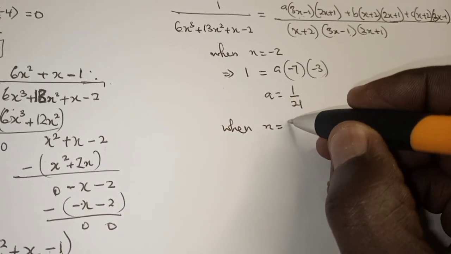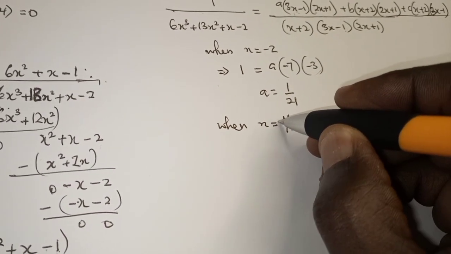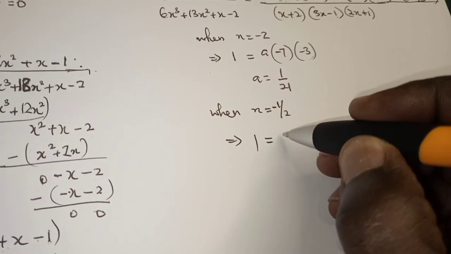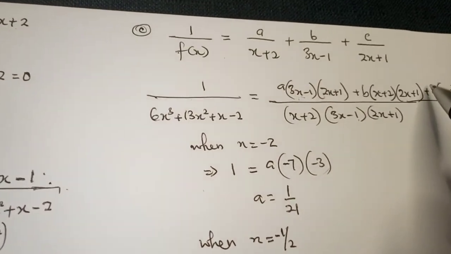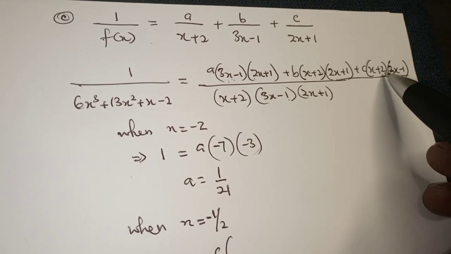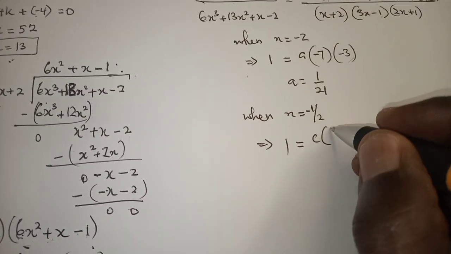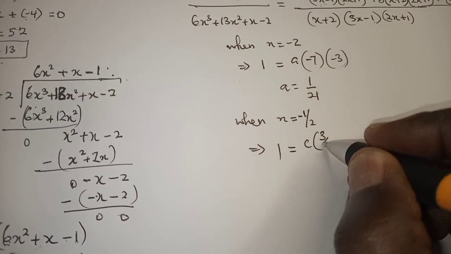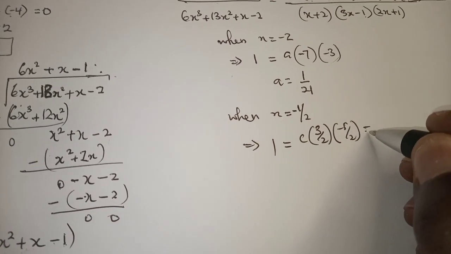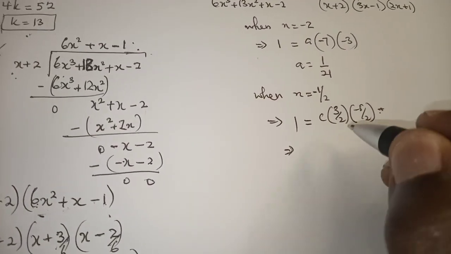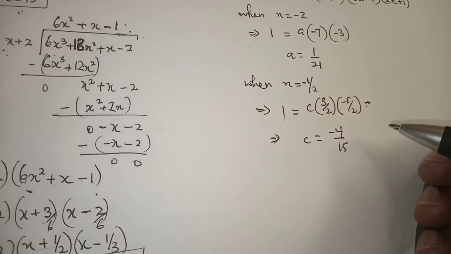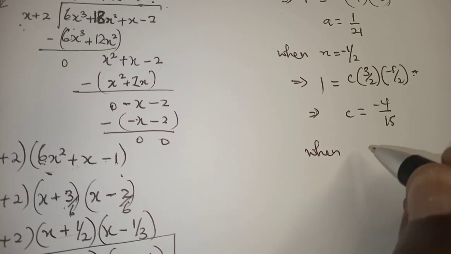So we have 1/2, -1/2, so this implies that 1 equals c, bracket open, 1/2 minus -1/2 will give us 3/2, 3/2 bracket open, -5/2 equals, okay, so we can simplify this. So we have c equals -4/15.